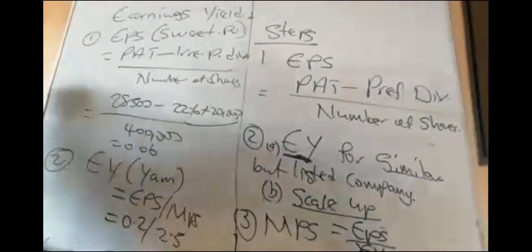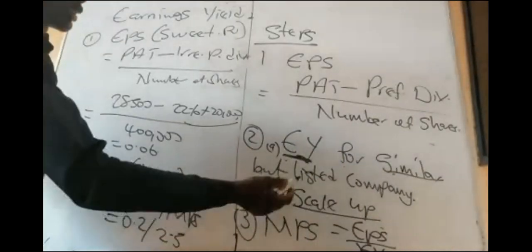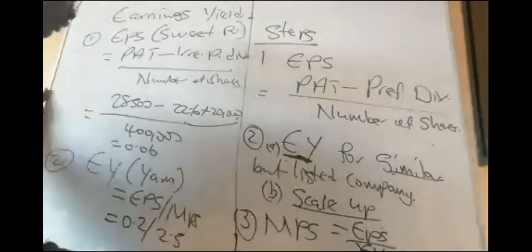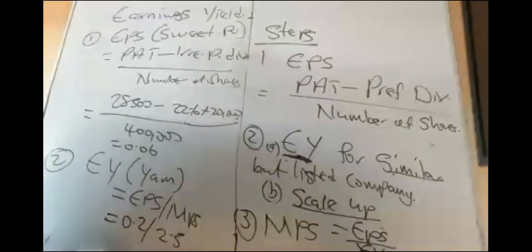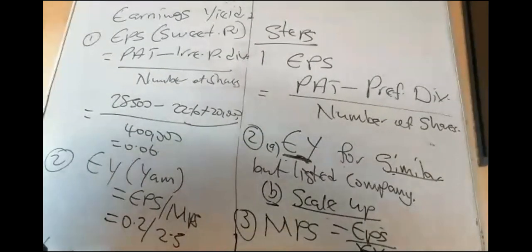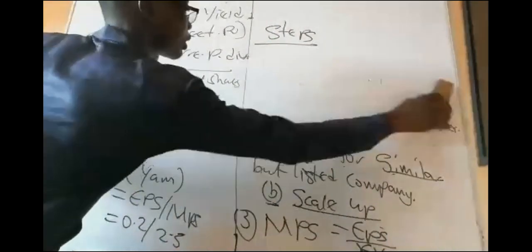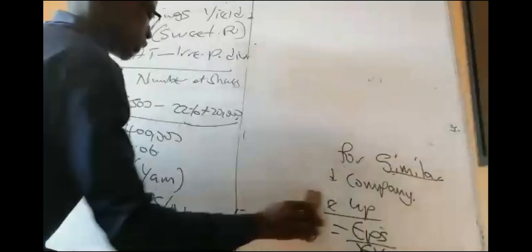So we say get the earnings yield for a similar but listed company. So now you got it. Then B, scale it up. So here let's assume a risk factor. Please, if they don't give you the risk factor, you can assume any figure of your choice. These are the steps if you are following the steps to get the earnings yield.